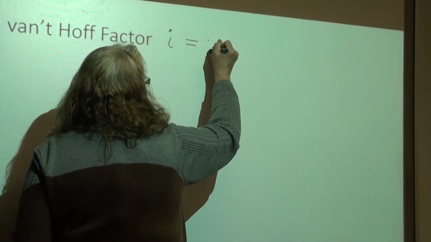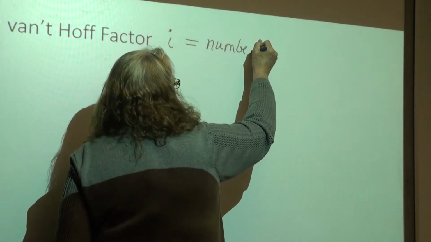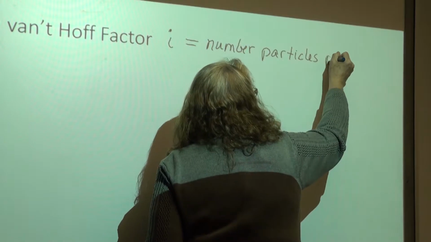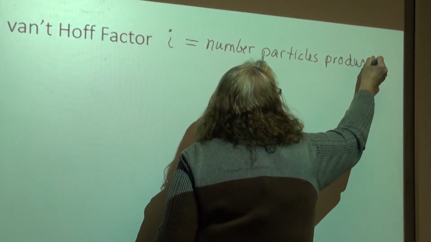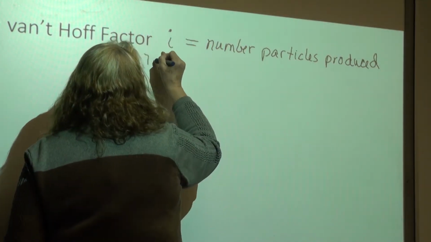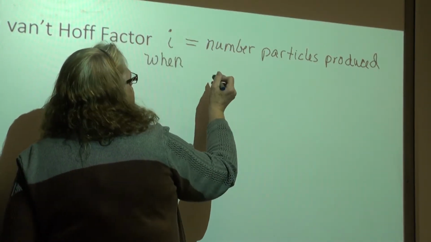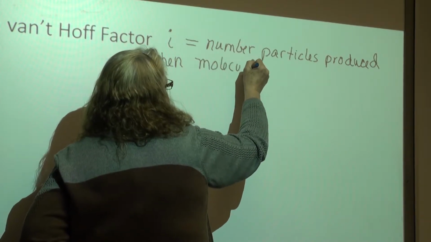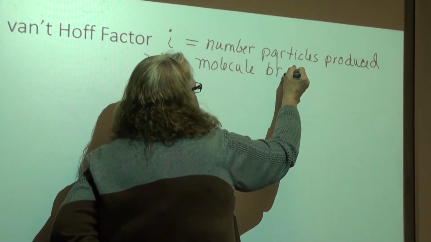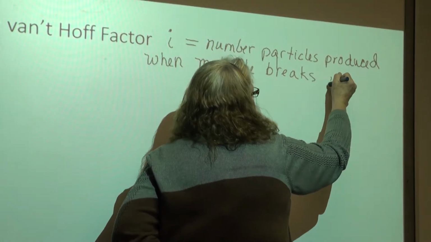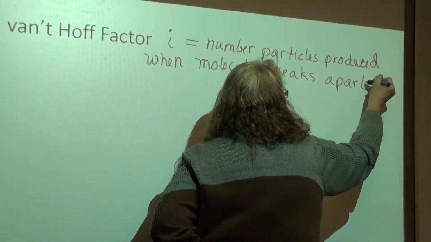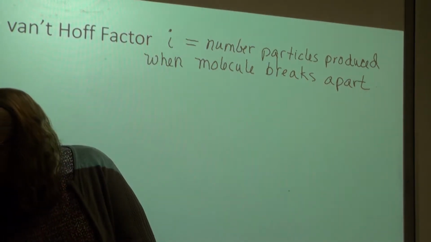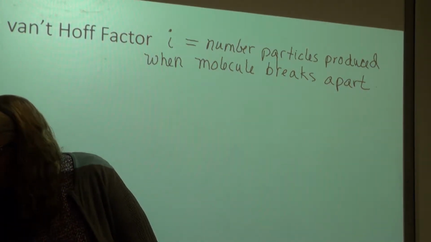It's equal to the number of particles produced when the molecule breaks apart. How does it break apart? That's what I want to be able to figure out: what's that number?